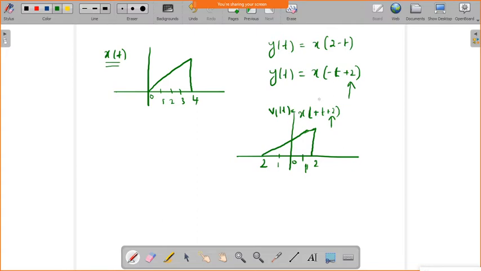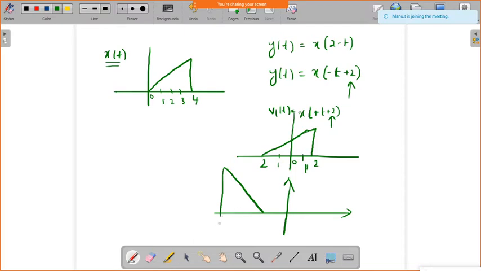Now if you reflect this signal, from 2 to exactly 6, you will get 5, 4, 3 and 2. So this is your reflected signal, y of t equal to x of minus t plus 2. This is also right, and what we had done previously is also right.